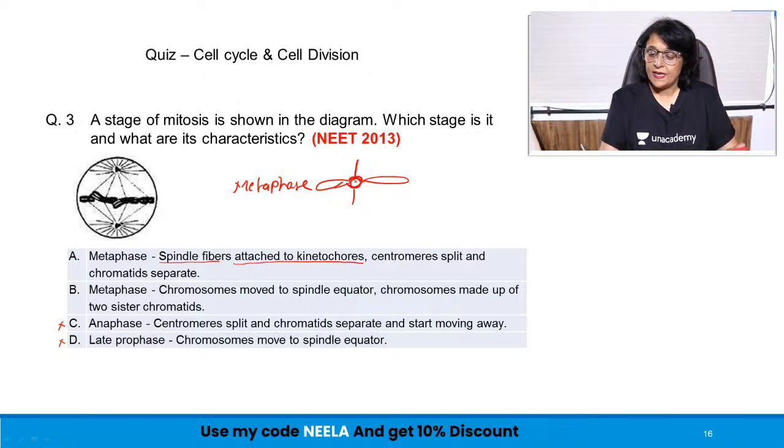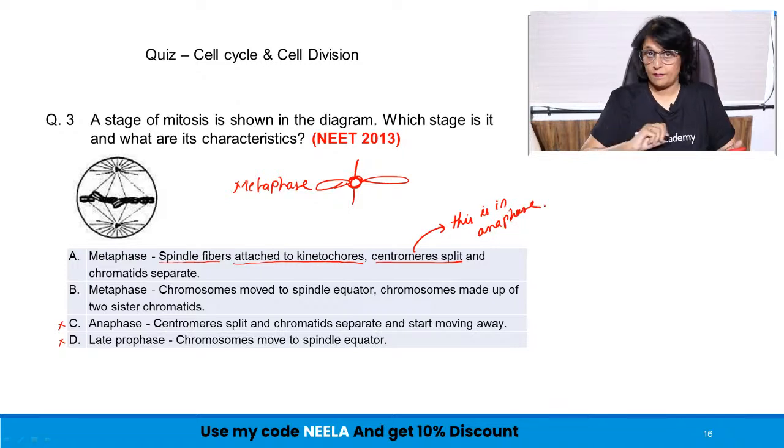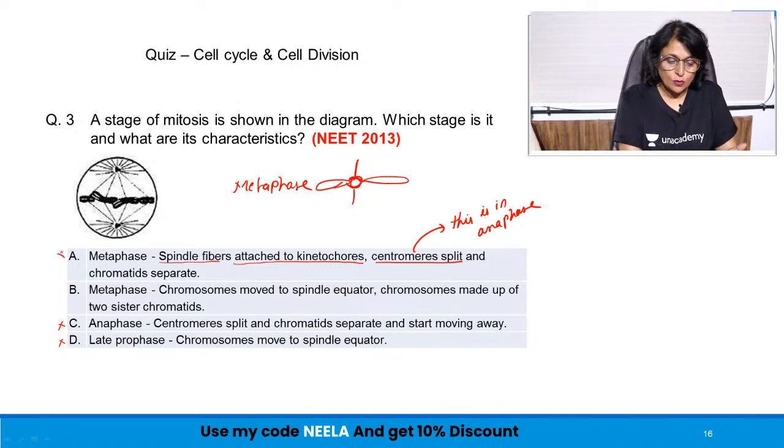Very good. Centromere splits. This splitting takes place when the spindle fibers contract, so this is in anaphase, not in metaphase. Then only the chromatids will separate. So this is also wrong.